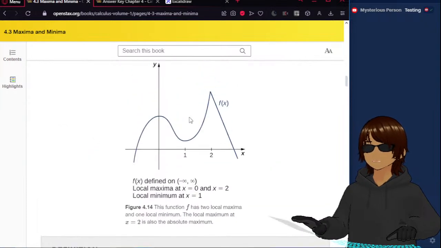Okay, yeah. For a local maxima to exist, the derivative has to be 0 or undefined.